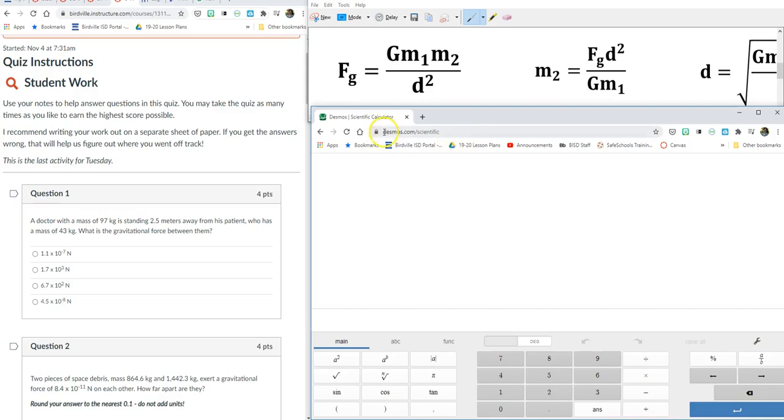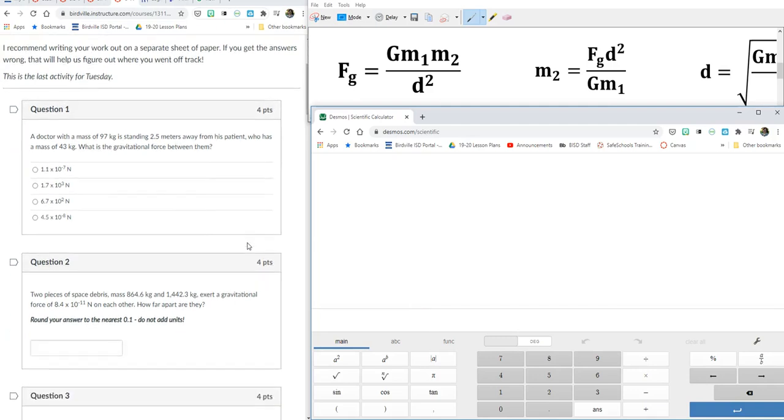So you can see the website desmos.com/scientific. There actually is a link on the Canvas homepage that will take you to this. And this is the one I'm going to be using as I walk through how to punch things into the calculator. So this could be really helpful for you as well.